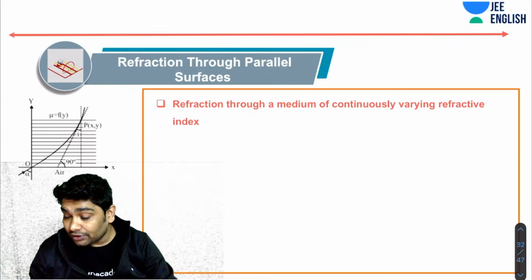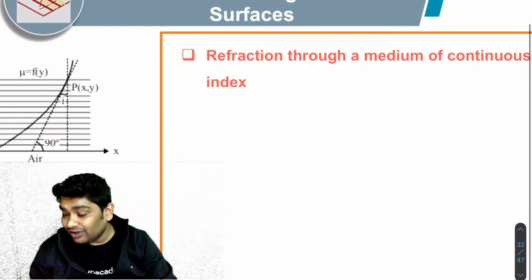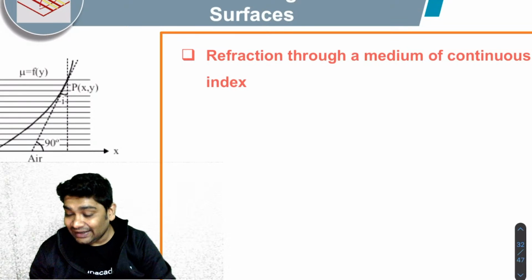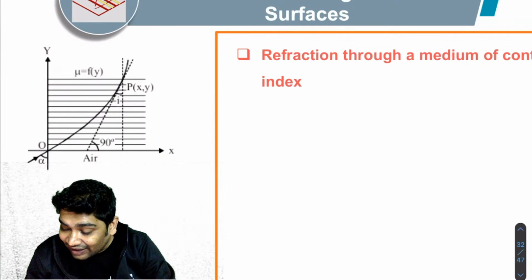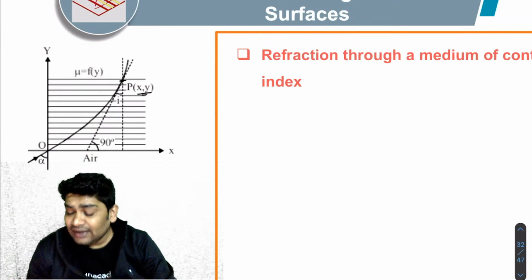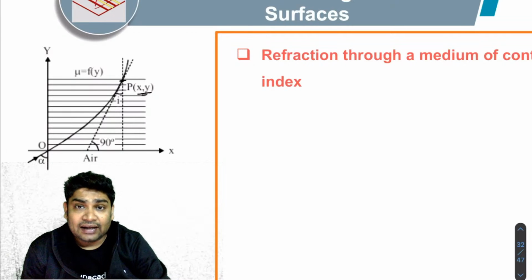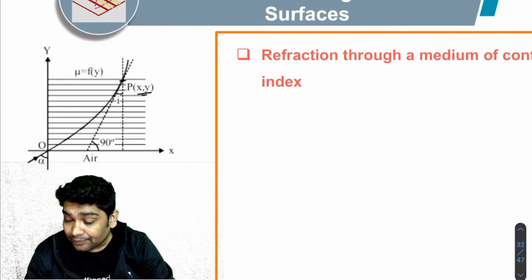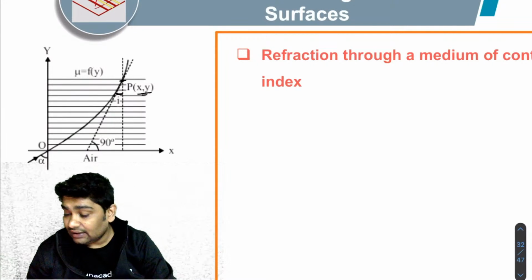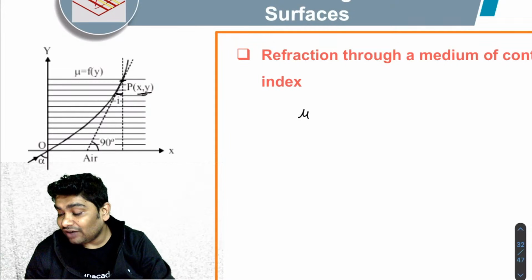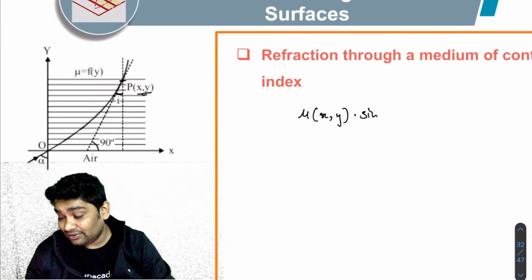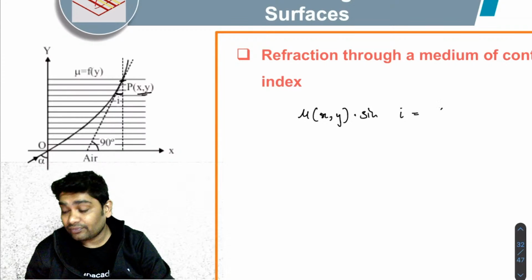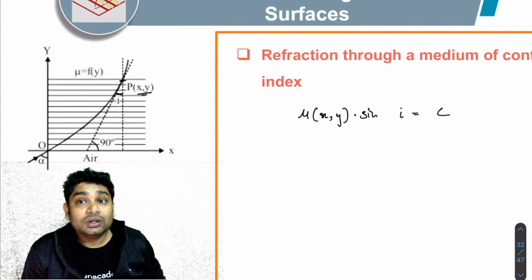Here also, imagine this is the point, and at some (x, y) you have an angle of incidence I. What you will realize is that mu at (x, y) times sin I is constant. So that is what you need to do.